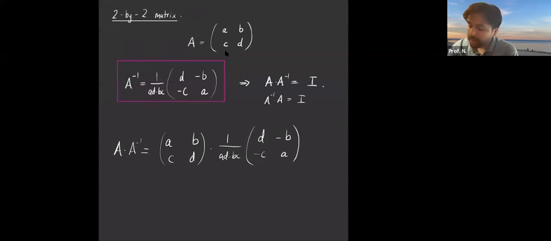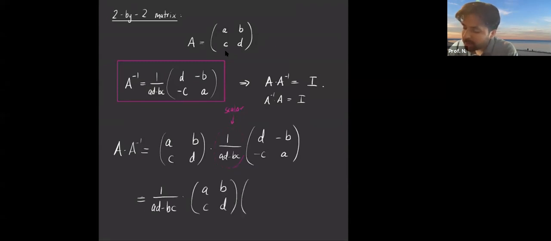Now, this number here is a scalar. Since it's a scalar, I can move it around in the multiplication. I can't change the order of matrices, but I can change the order of scalars. So I can rearrange this as 1 over AD minus BC in front, but the order of the matrix operations I can't change.